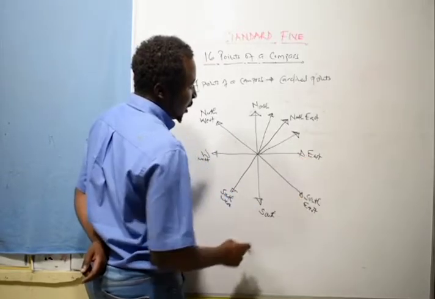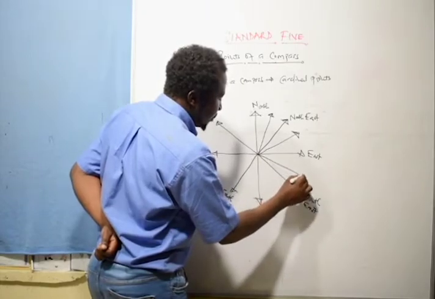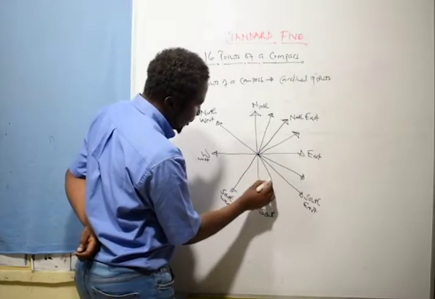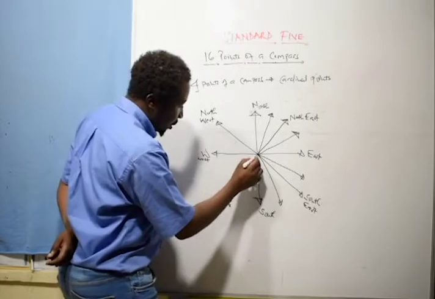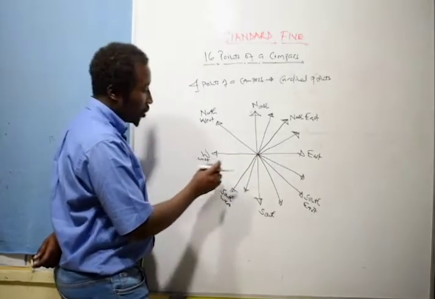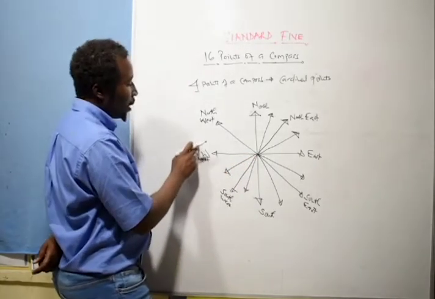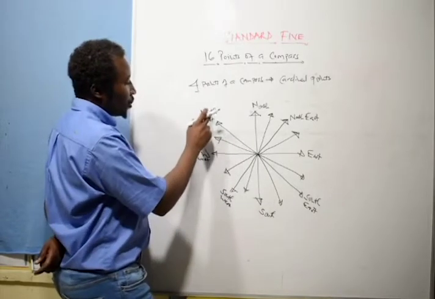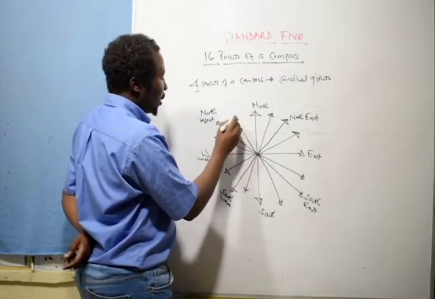Between east and southeast, between southeast and south, between south and southwest, between southwest and west, between west and northwest, and between northwest and north, we also have a direction here.